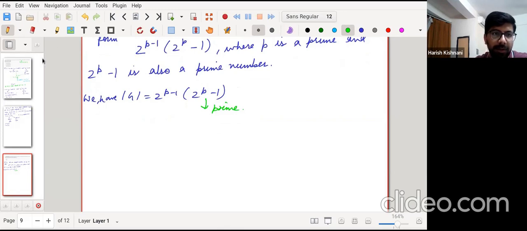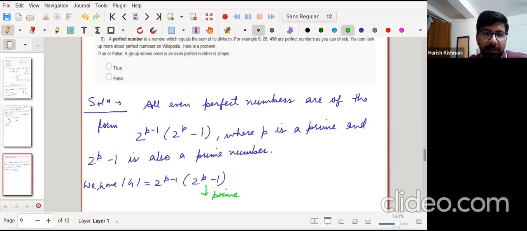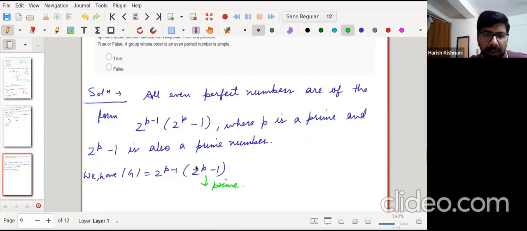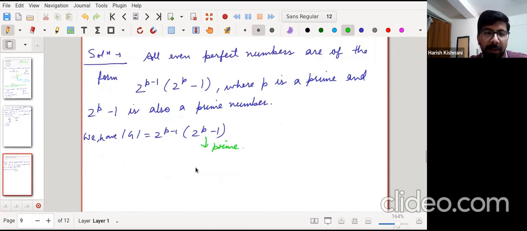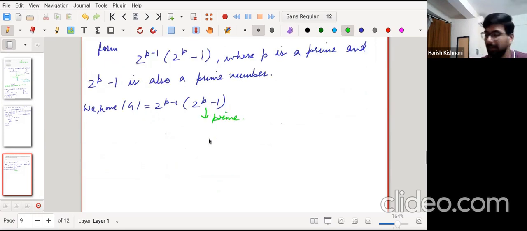Let's try with the new candidate we are getting here, because this perfect number has some specialty. It has a prime of this form, and this order of G is of this form. So which prime do you expect will play a crucial role? This prime, right? 2^p - 1. So let's start with this and see what we can say about the number of Sylow subgroups of it.